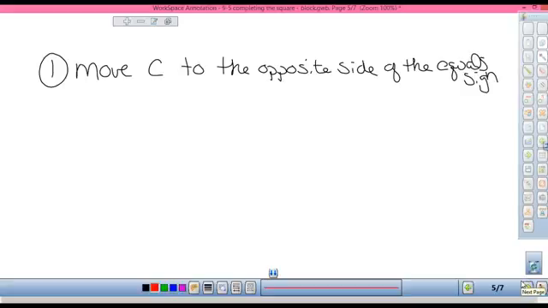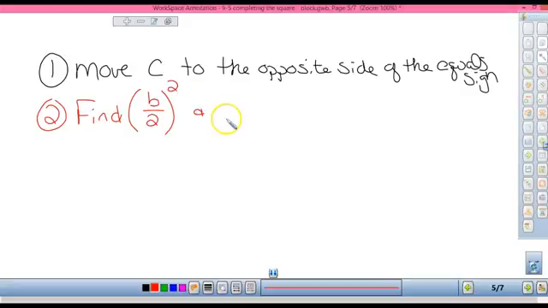Okay, step number 2. We are going to find b divided by 2 squared. Once we find it, we are going to add it to both sides.